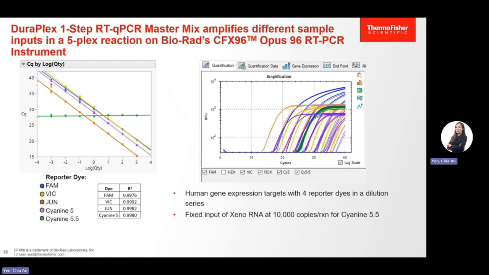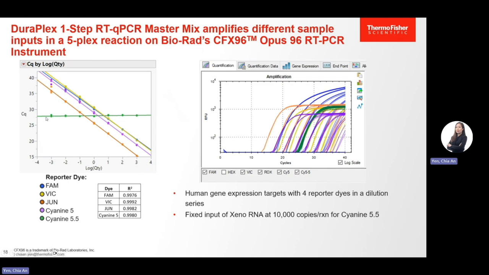To illustrate how Duraplex handles this, we conducted a study where we used a fixed input of internal positive control xeno-RNA at 10,000 copies per reaction. Here it is seen with the SUN 5.5 channel. This fixed input is used against a dilution series of 7 dilution points of human gene expression targets.